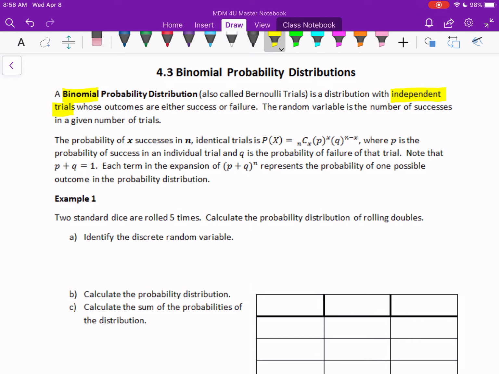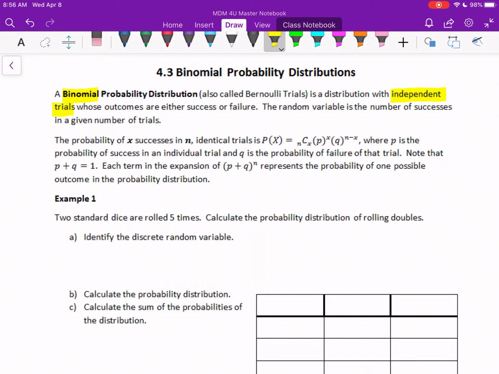So those are dependent trials. That's not what we're dealing with today. We're dealing with the ones like flipping coins or rolling dice, or anything that follows that type of pattern.